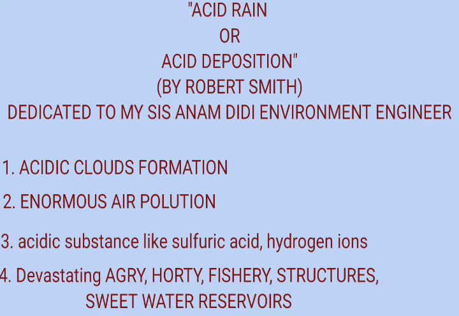Acid rain means when the rain precipitates from the cloud, those clouds are not cumulus. Cumulus clouds are rainwater clouds. But these clouds are acidic clouds. They look like clouds, they feel like clouds, they smell like clouds, but they are actually acidic clouds.